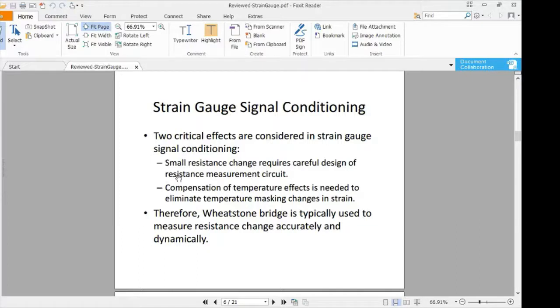Second, the temperature effect experienced by the strain gauge has to be compensated. Therefore, the signal conditioner should be able to eliminate the temperature effect that has been masked onto the strain changes. In this case, a Wheatstone bridge is normally used to measure the resistance change.